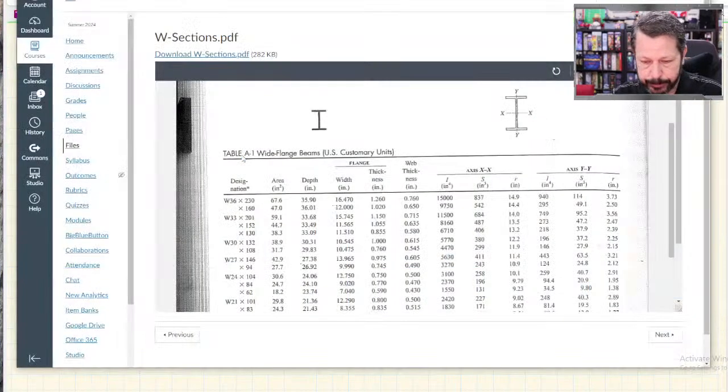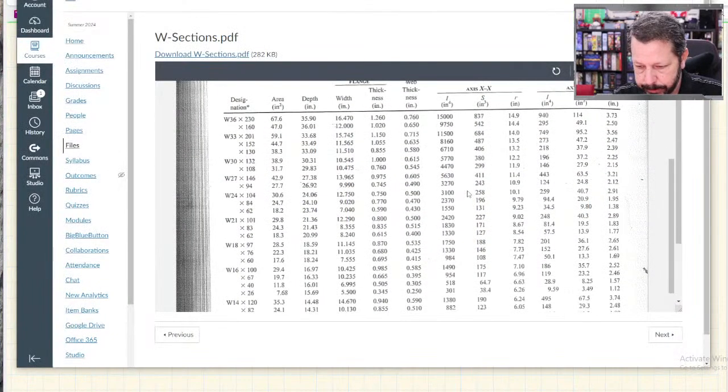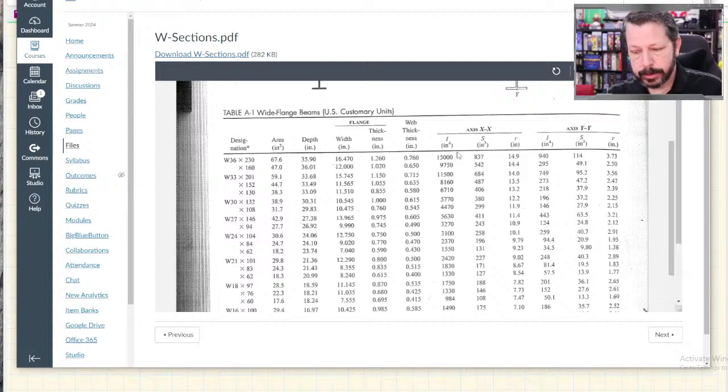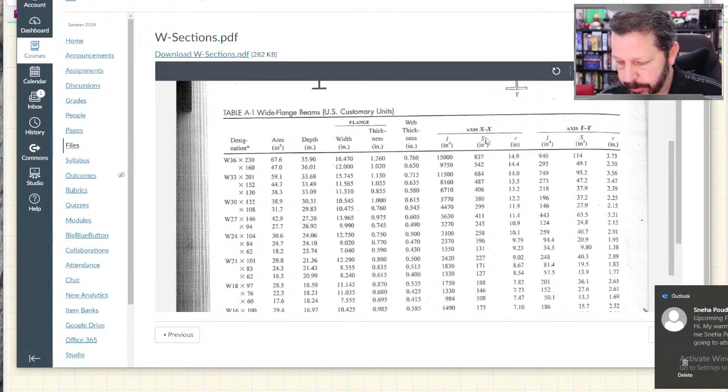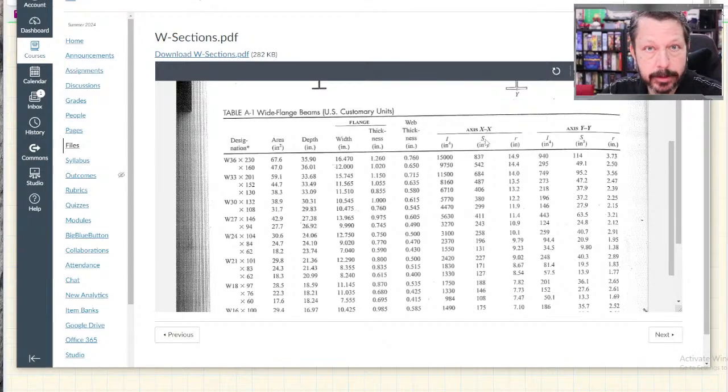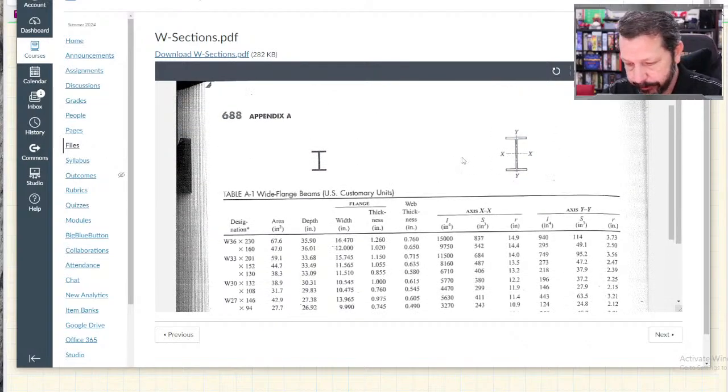So then I go to my beam chart here. There are 2 columns for S, the XX and the YY version. Unless you know for some reason that your beam is loaded on the side, with forces coming in perpendicular to the YY axis that it's shown, which is not common, then you're going to use the XX.